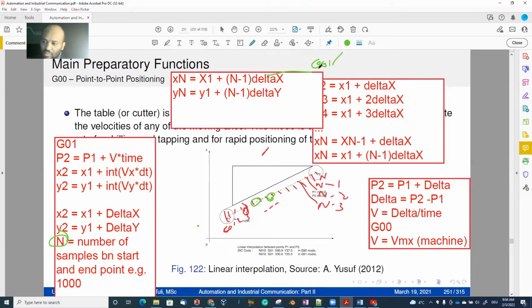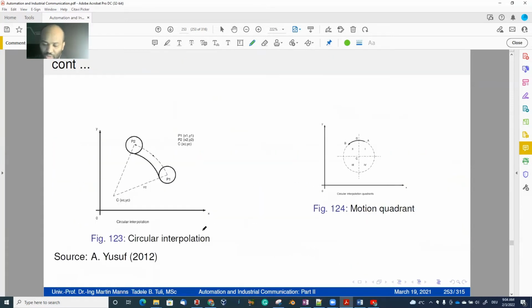The only thing missing here is the velocity component. We will talk about velocity next. But first, let us see circular. For circular, nothing else actually, the only difference is you have a center of circle.